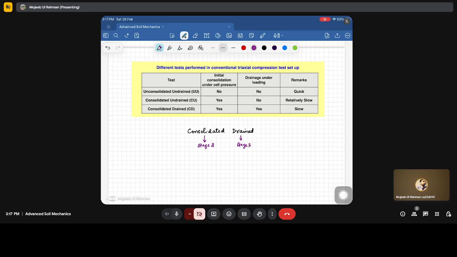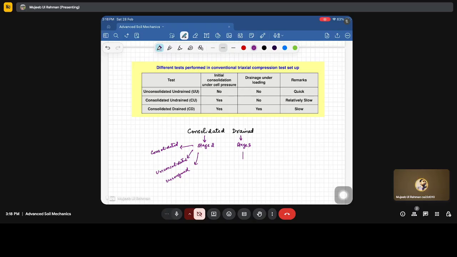Correct. Stage 2 can be either consolidated or unconsolidated, or unconfined, because there is one more test that is a part of the unconsolidated undrained test.